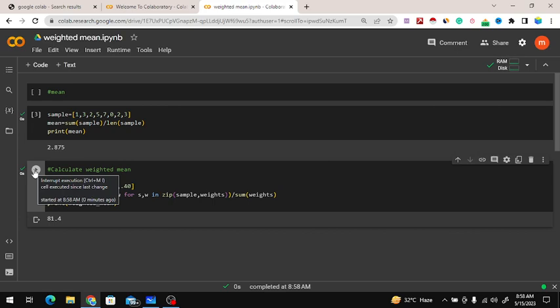So this can be helpful when we want some value to contribute to the mean more than others. A common example of this is weighting academic exams to give a final grade. So if you have three exams and the final exam, and we give each of the three exams a 20% weight and the final exam a 40% weight.